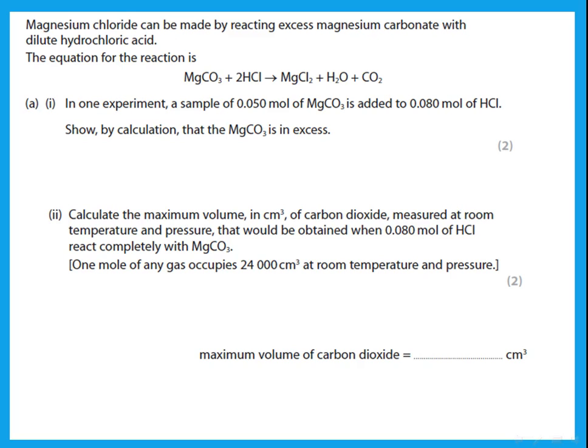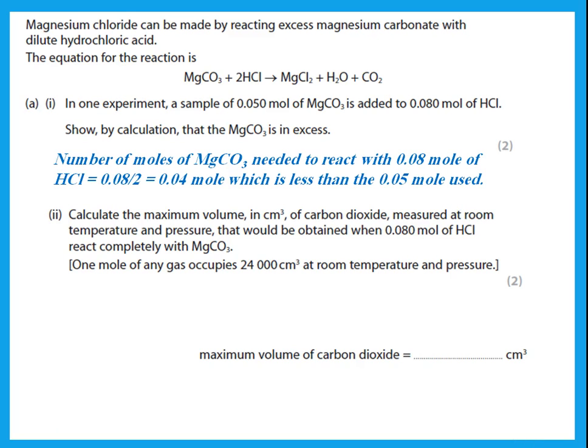Is it half or more? Well, actually it is more. The number of moles of magnesium carbonate needed to react with 0.08 is half of that, so I need 0.04 mole, and this is less than what he actually added. That means he added too much, and that means the magnesium carbonate is in excess. And we said once it is in excess, you don't use it for any calculations after that.